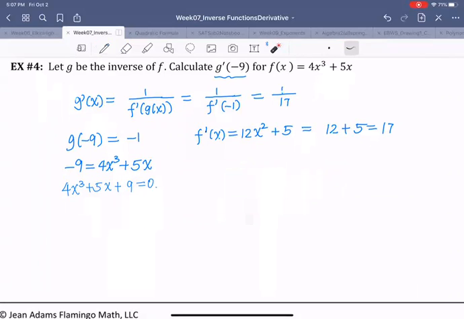Yeah. Of course. You need to make -9 equal to the y and find out your x.